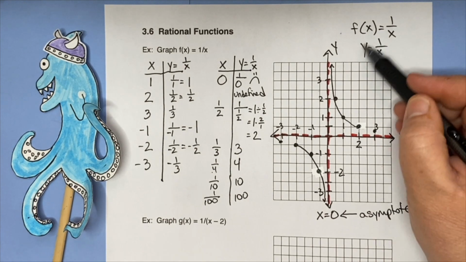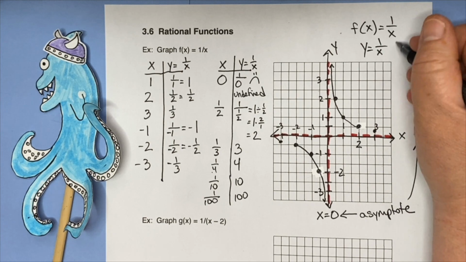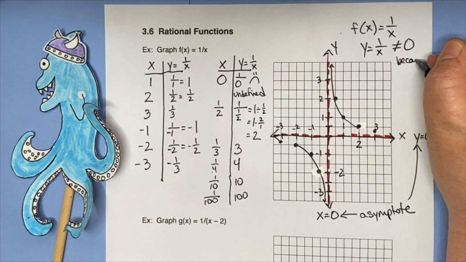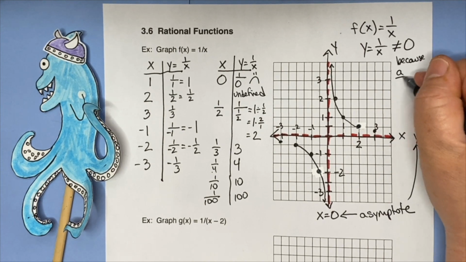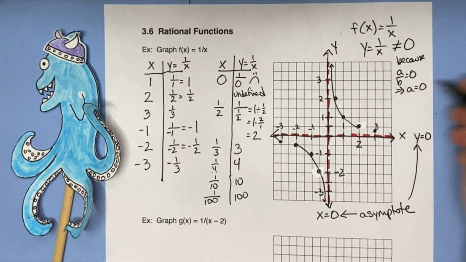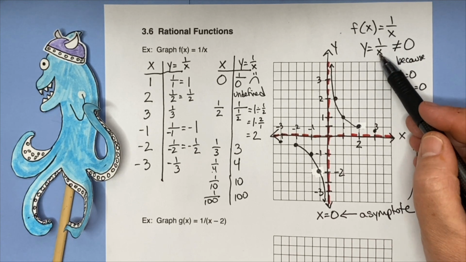So can this be 0? The answer is it can never be 0, because if a/b equals 0, then a has to equal 0. The numerator has to be 0. And so y can never be 0, no matter how big x is.